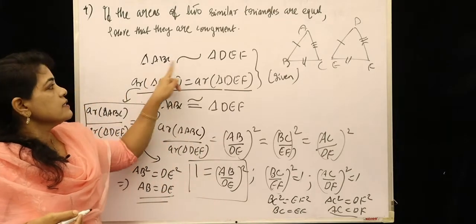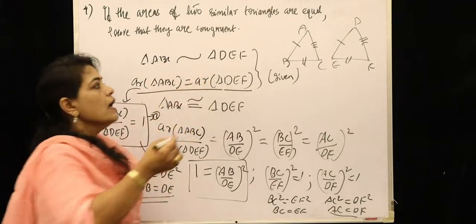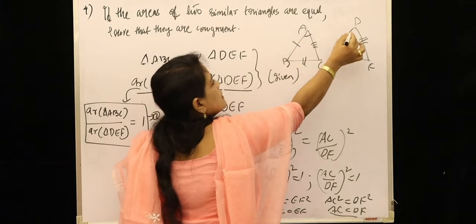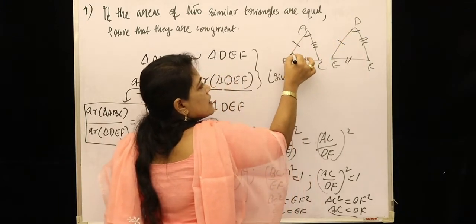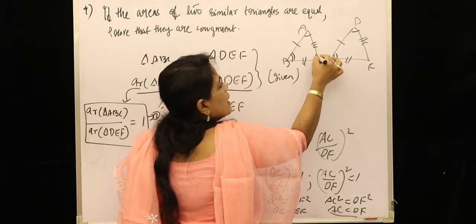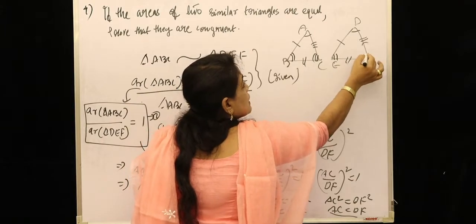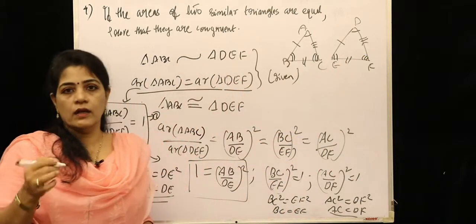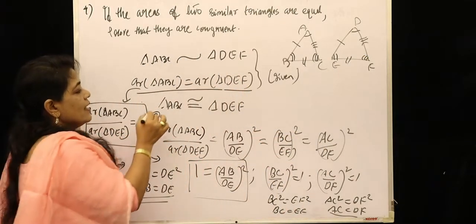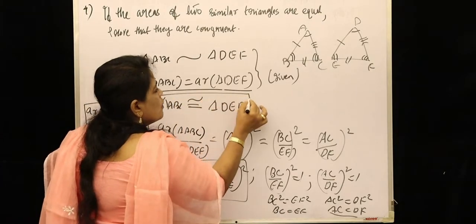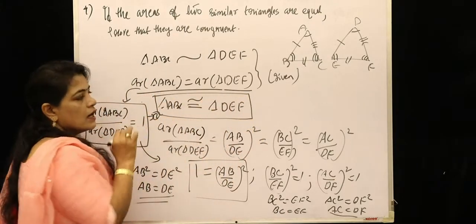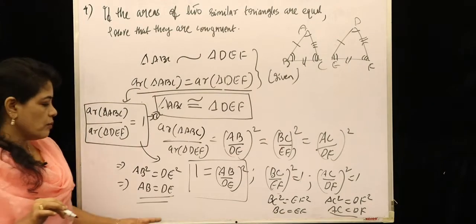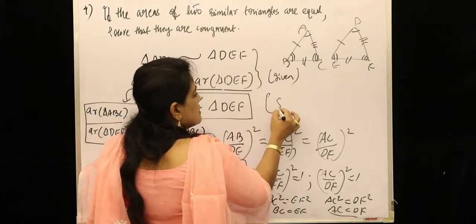And since they are similar, it is given that the corresponding angles are already equal. Now we have seen that the corresponding sides are also equal, which means triangle ABC is congruent to triangle DEF by SSS criteria.